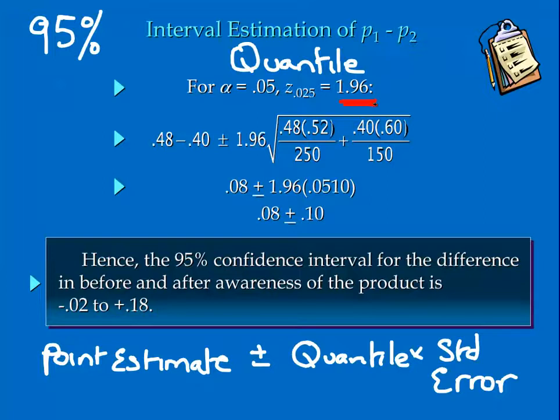Hopefully at this stage you should be very well aware of that by now. So here we have the point estimate, 0.08, here we have our quantile, 1.96, and the last part is the standard error.